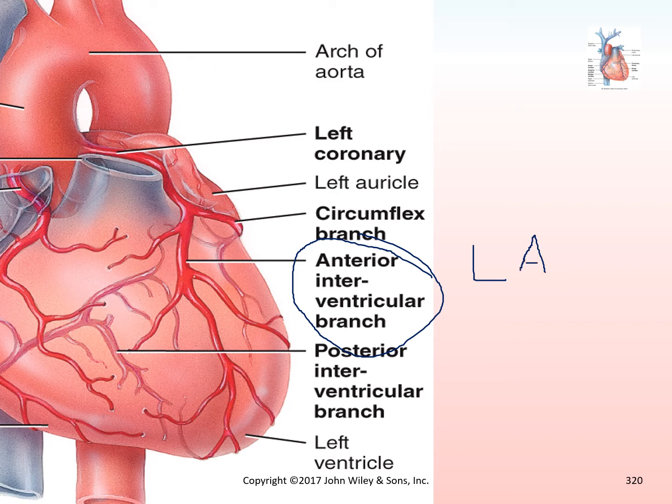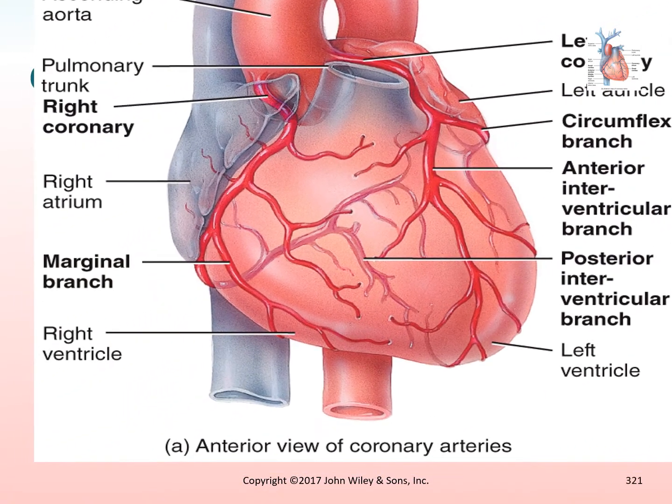So it's either called LAD, left anterior descending artery, or anterior interventricular branch of the left coronary artery. It splits, it branches. Now there's more than one marginal branch, but we're pretending like there's only one.